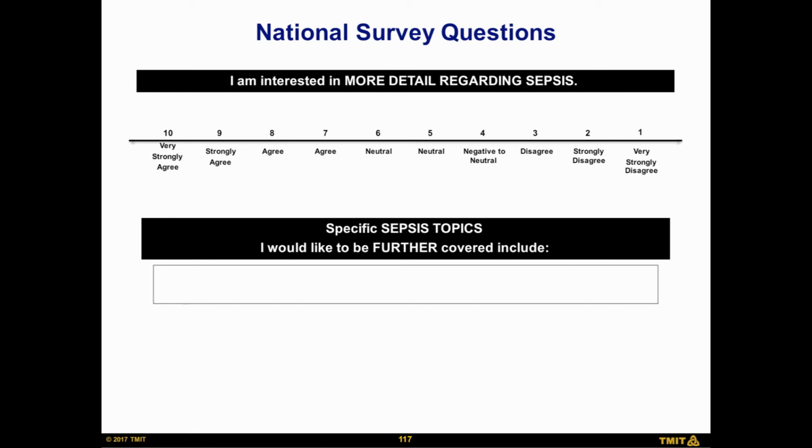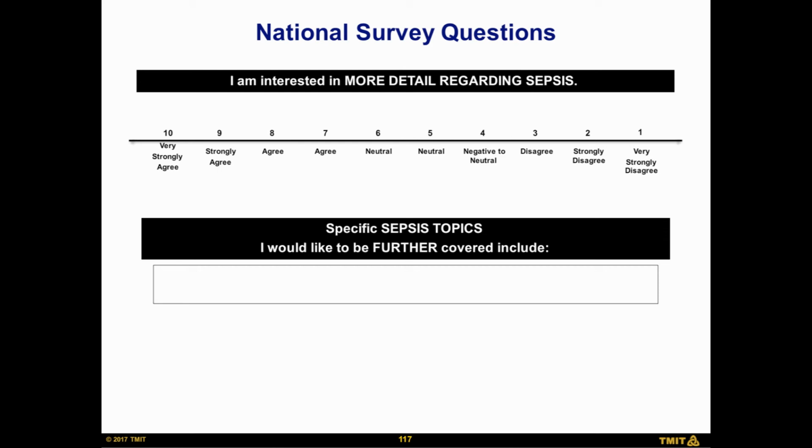The second set of questions are, I'm interested in more detail regarding sepsis. It's okay if we add a number 4 part to this, if there are topics that you all really want us to address. We've had a great response today, and we've got some good questions we'll come to in a minute that I'll finish up with after we get comments from both Dan and Jeanne.